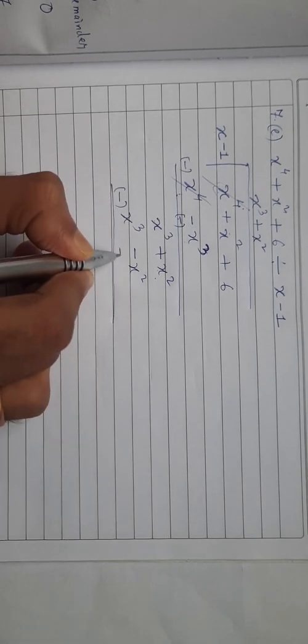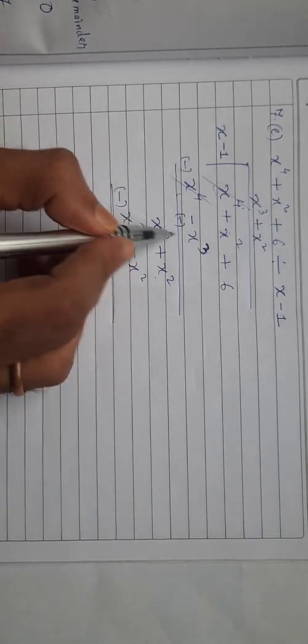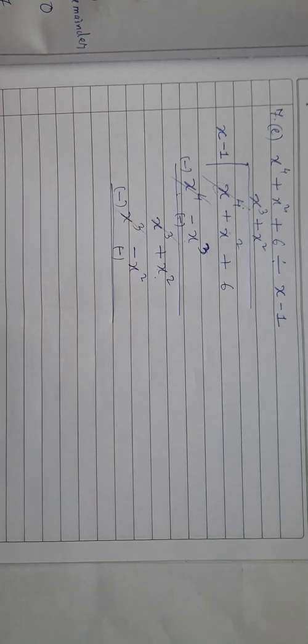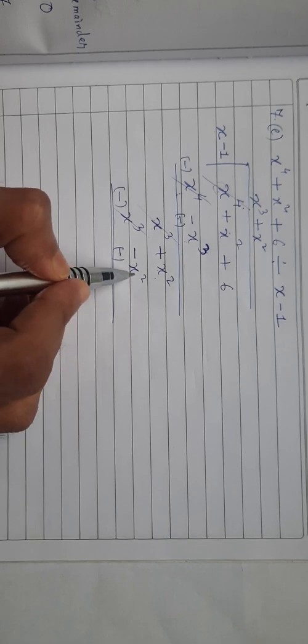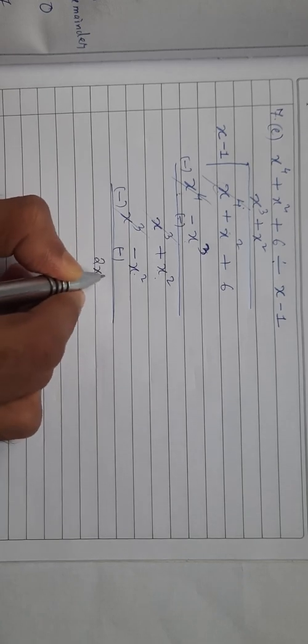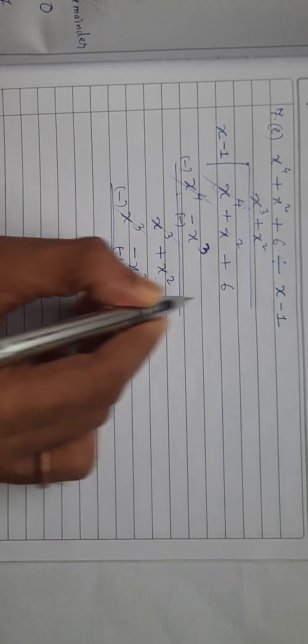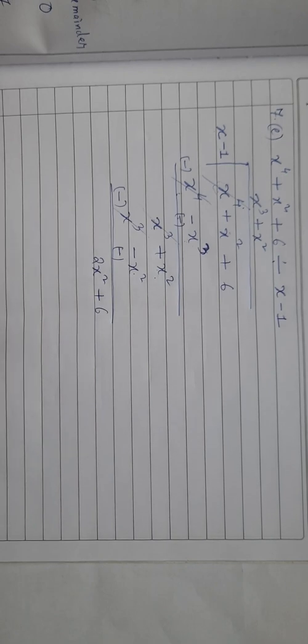Here it is minus, here it is minus. So once again these two terms will be cancelled. Here minus and minus it is plus. So this x square and this x square will not be cancelled, it will be added. So x square plus x square is 2x square plus the 6 will bring it down.